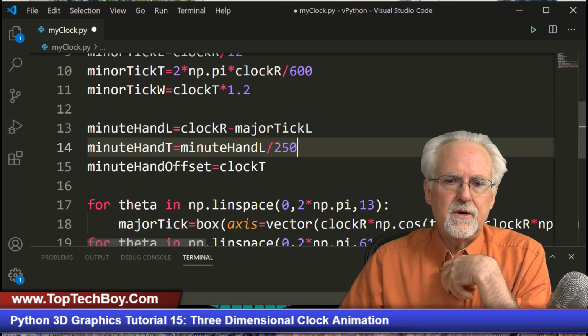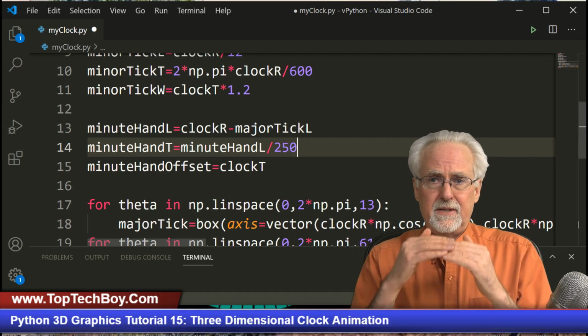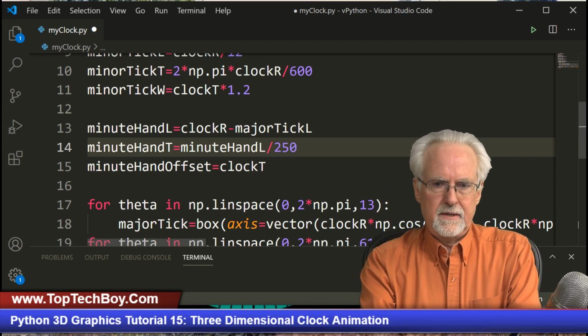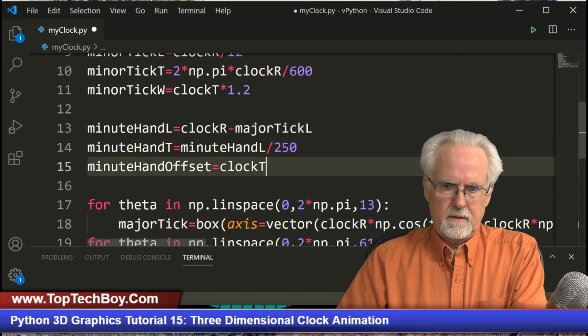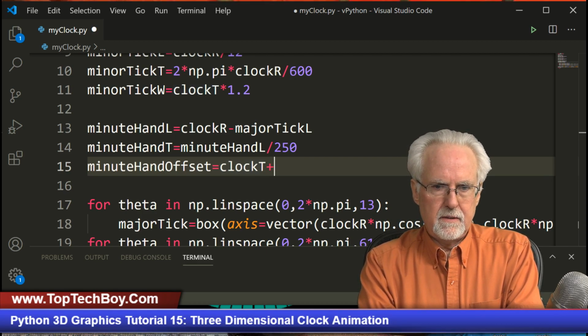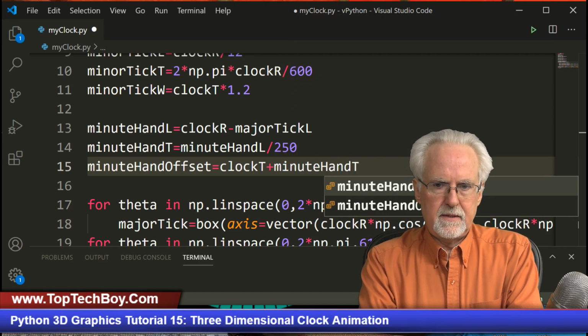And then also how high up it should be, the offset, I just put it as the clock thickness. Well, I think it needs to be the clock thickness plus the minute hand thickness, like that.